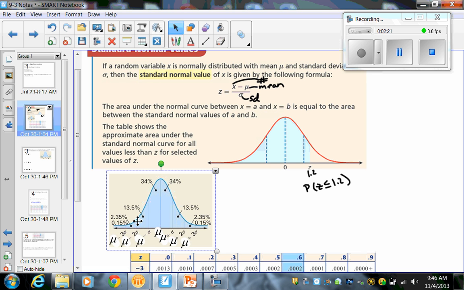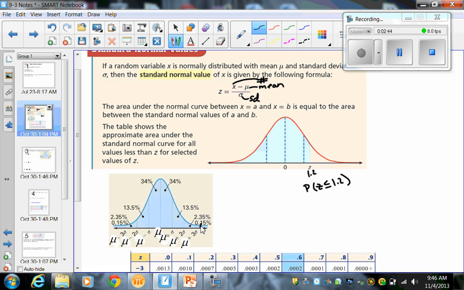Now, if we're dealing with numbers that actually fall on the bell curve, at these interval lines, then we can use the percentages that you see right here. In between the mean and the mean plus 1 standard deviation is 34%. Between 1 standard deviation and 2 standard deviations is 13.5, followed by 2.35, followed by 0.15. That 0.15 is this little section on the tail.